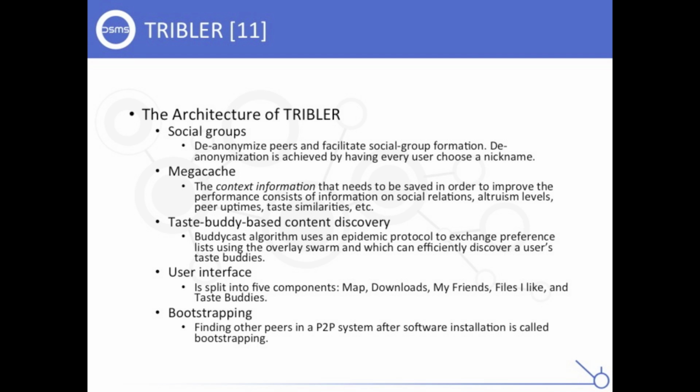User interface is split into 5 components: map, downloads, my friend, files I like, and taste buddies. Bootstrapping. Finding other peers in a peer-to-peer system after software installation is called bootstrapping.